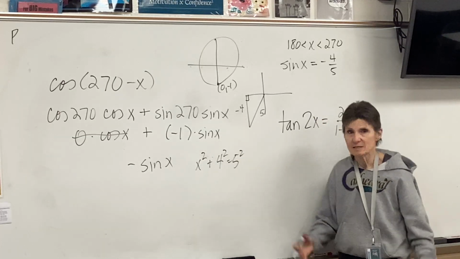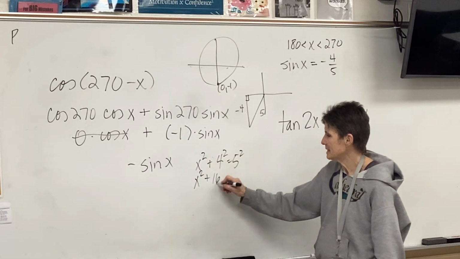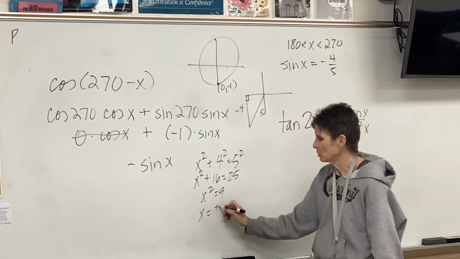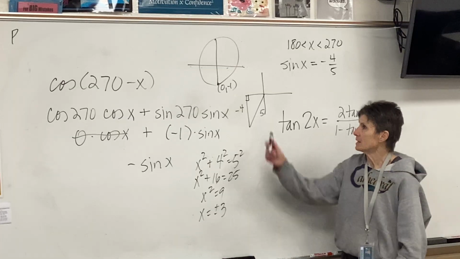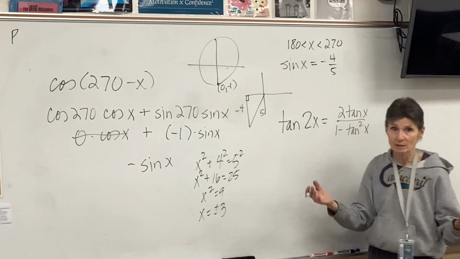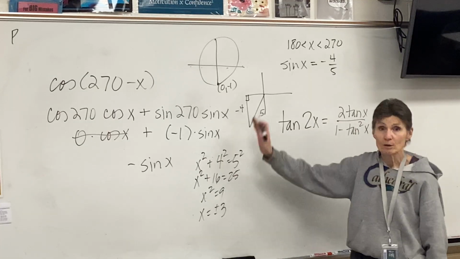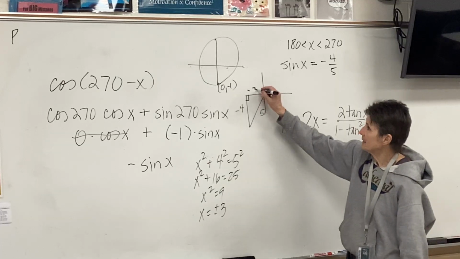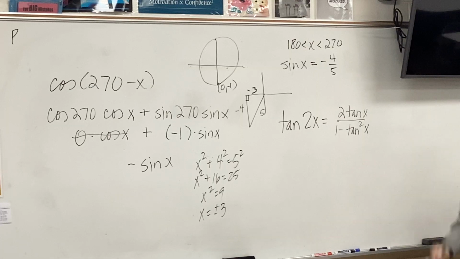I don't need the negative because I'm squaring it out anyway. So x squared plus 16 equals 25, x squared equals 9, and x either equals 3 or -3. Now, most of you already knew that because 3, 4, 5 is a triangle we use a lot. It's a Pythagorean triple. But here's the work that goes into that if you don't just know. I need -3 because I am, after all, in quadrant 3, and x is negative in quadrant 3.